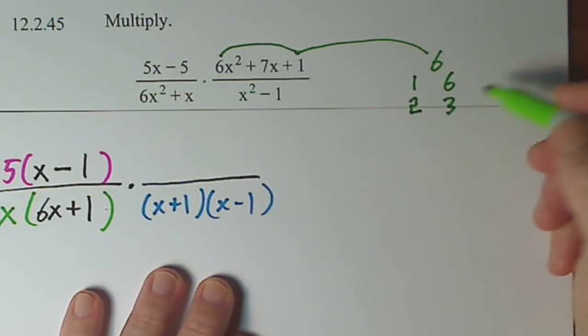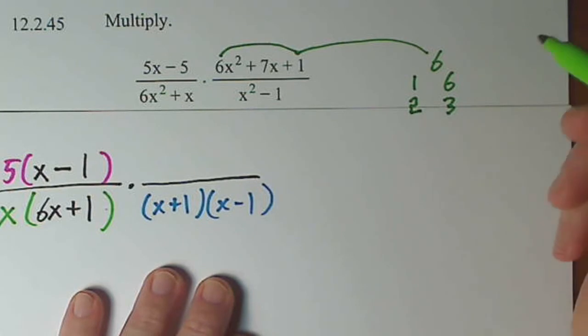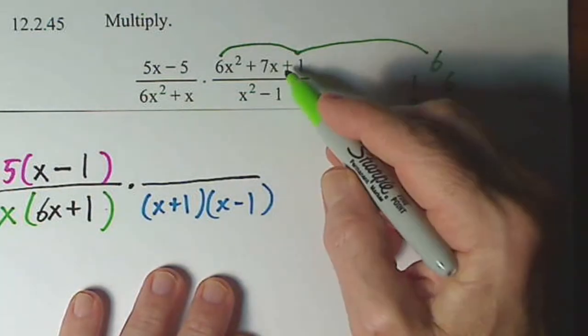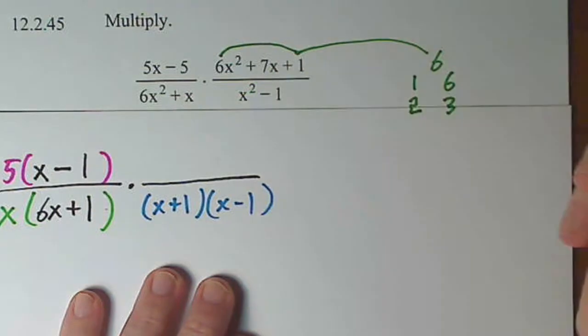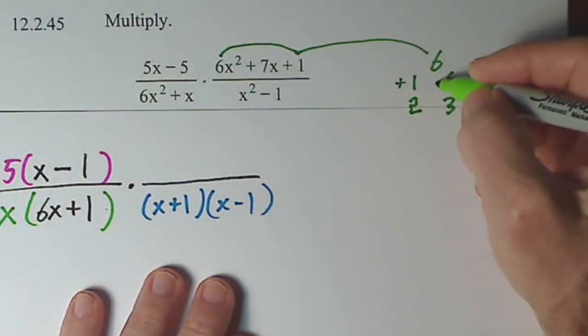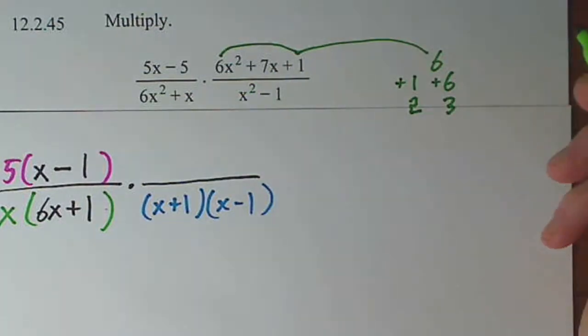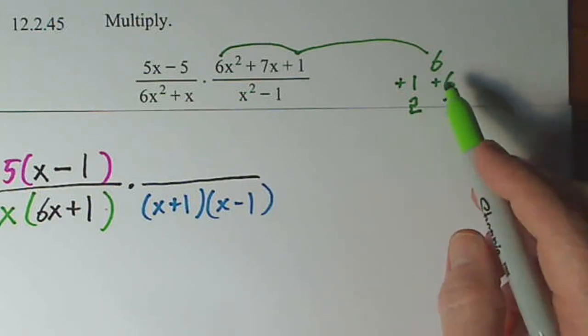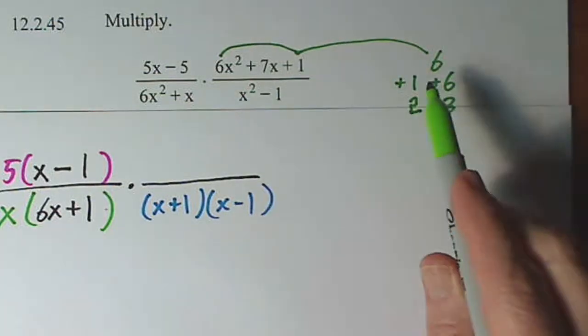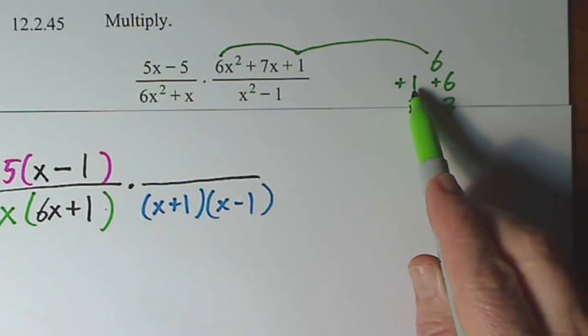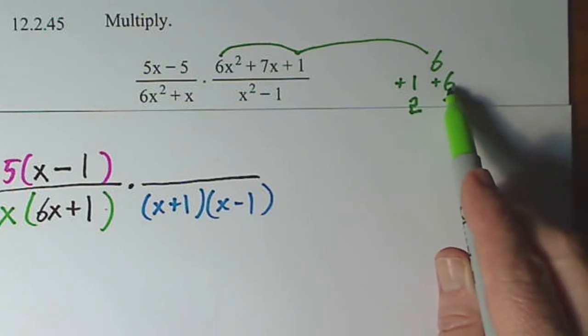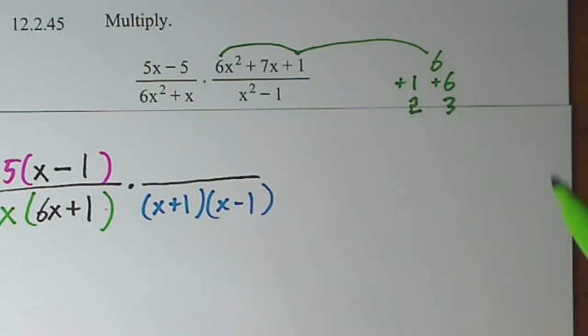We want a sum of 7, so it would be a plus 1 and a plus 6. Alright, so if you use factor by grouping, you'll have 6x squared plus 1x plus 6x plus 1.